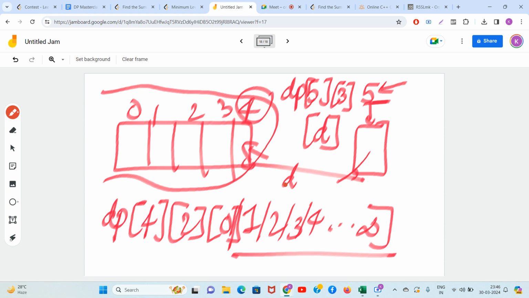If the difference is bigger than d, then you have to think something. But if the difference is less than d, then you don't have to do anything, because it will not satisfy what you want. Oh, if the difference itself has become bigger, how will it work? Got it?